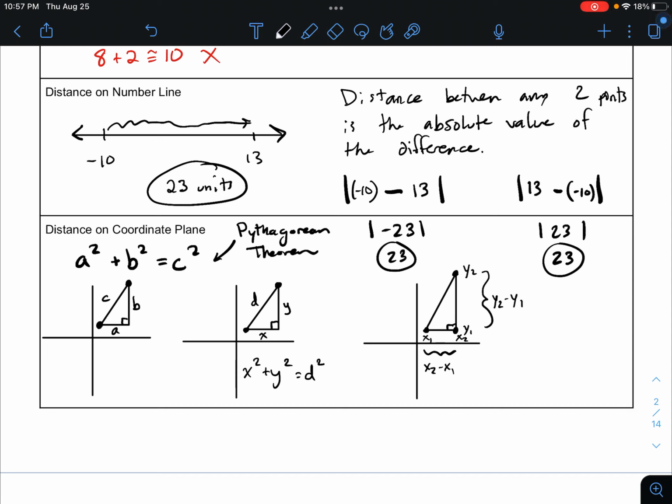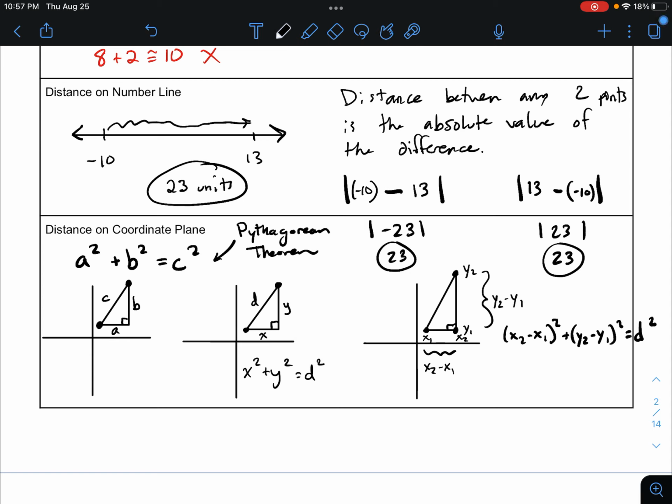All right. So now if I look back at my formula and transform it one more time, we should be able to see that x2 minus x1 squared plus y2 minus y1 squared equals the distance squared. That is a squared plus b squared equals c squared. That's the Pythagorean theorem.